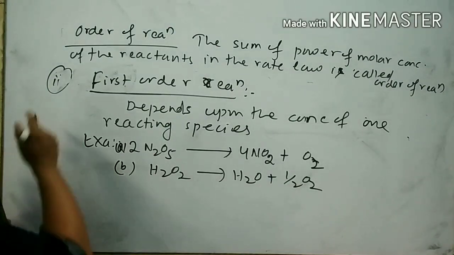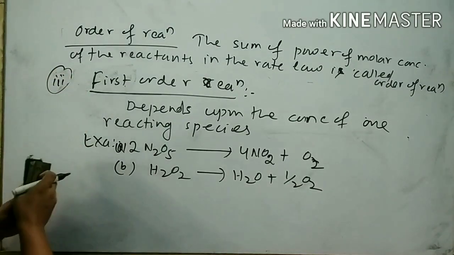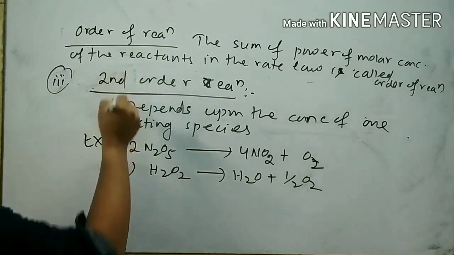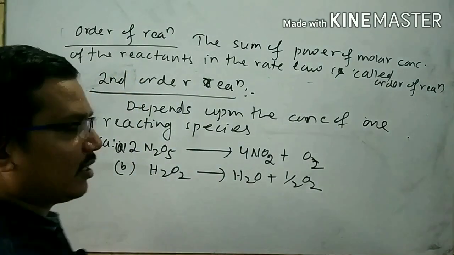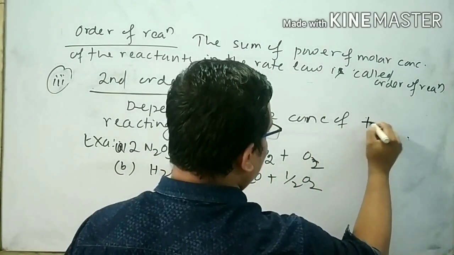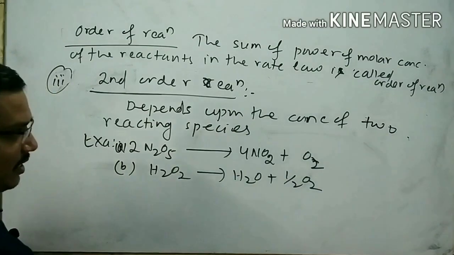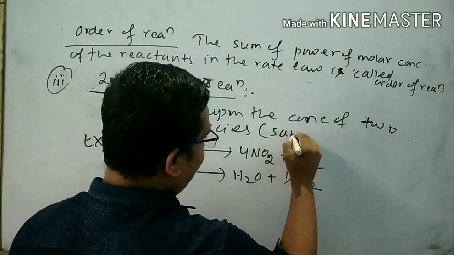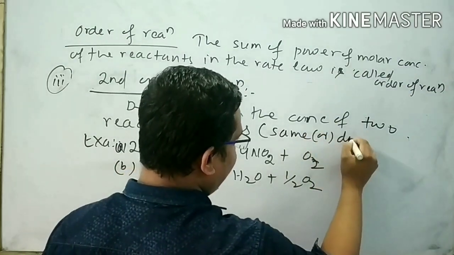Similarly, I will explain the second order reaction. In a second order reaction, the rate of reaction depends upon the concentration of two reacting species. The two reacting species may be the same or different.